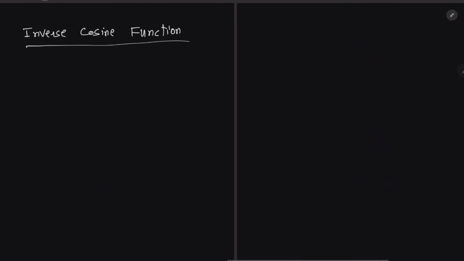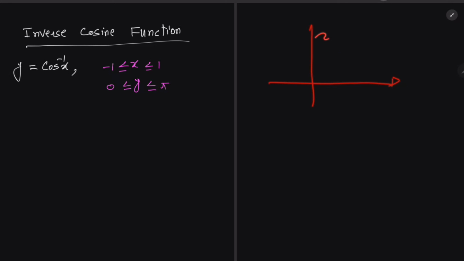For the inverse cosine function, we write y is equal to cos inverse x, and x will be -1 to 1. This is the domain. Actually, this was the range, since range becomes domain and domain becomes range. And y is 0 to pi, so we restrict the domain from 0 to pi. If you, for example, just plot that function, quickly, we are talking about y is equal to cos x.